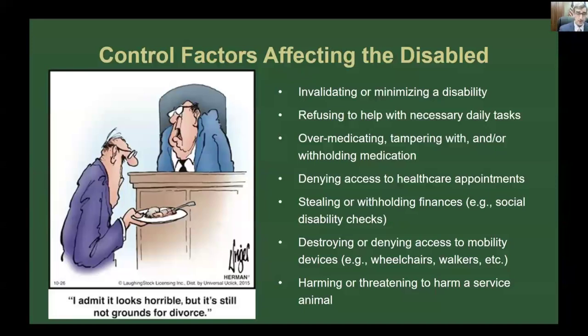Over medicating the individual, or refusing or withholding medication, denying them access to their healthcare appointments, stealing or withholding finances like Social Security checks, destroying or denying their access to mobility devices like their wheelchair, and harming or threatening to harm a service animal. So again, just some factors that you might note in your brain to ask questions about when you're interviewing them to see if any of these are issues for them.